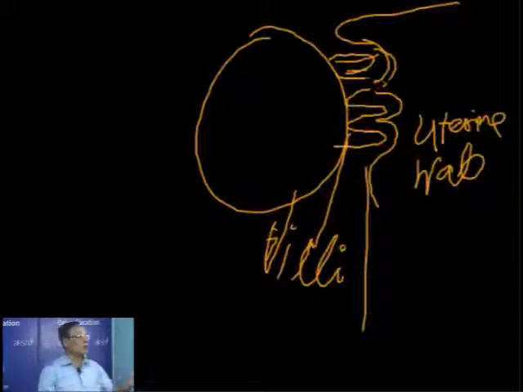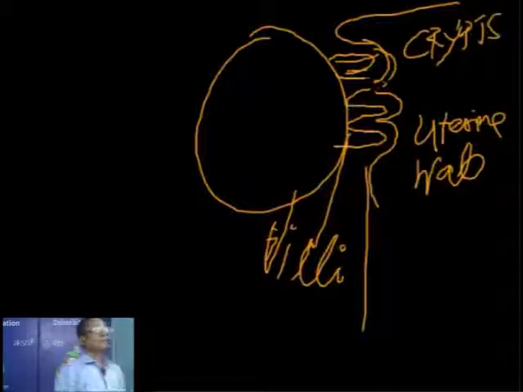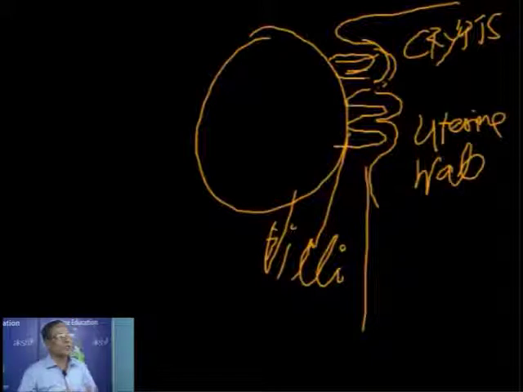Anyway, now what will happen? The trophoblast forms finger-like projections which fit into cavity-like structures formed by the uterine wall, called crypts. So we have cavities in the uterine wall and projections from the trophoblast, and there occurs interdigitation, like a lock and key mechanism.